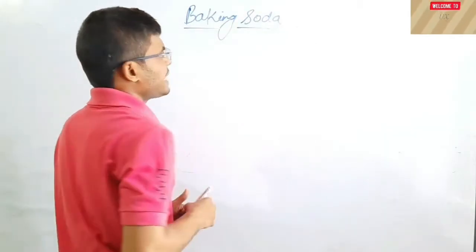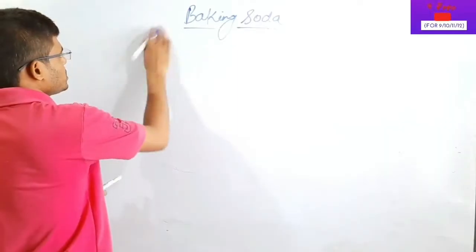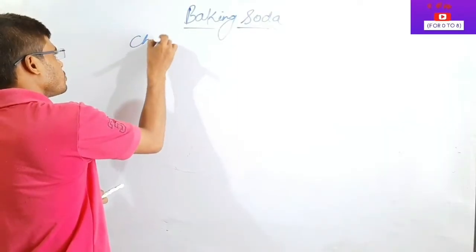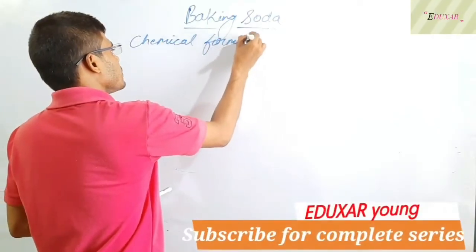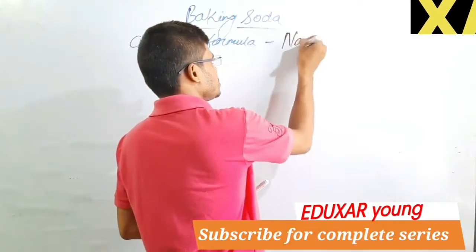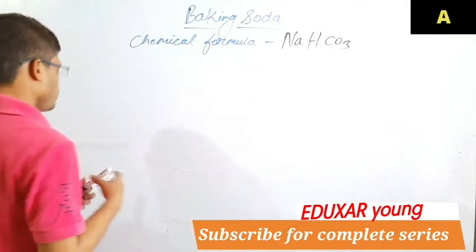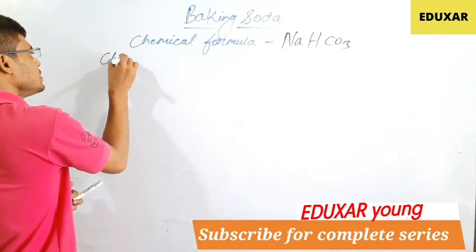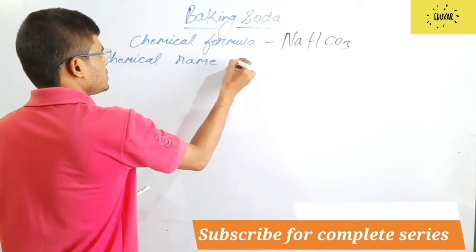Baking soda. Right now, first of all, we must have to know about the chemical formula. Chemical formula of baking soda is NaHCO3. And what do you call it? The chemical name. What is the chemical name of it?